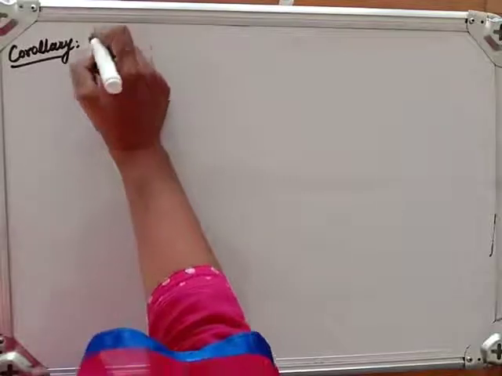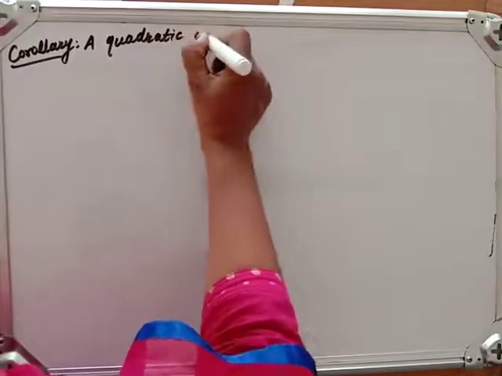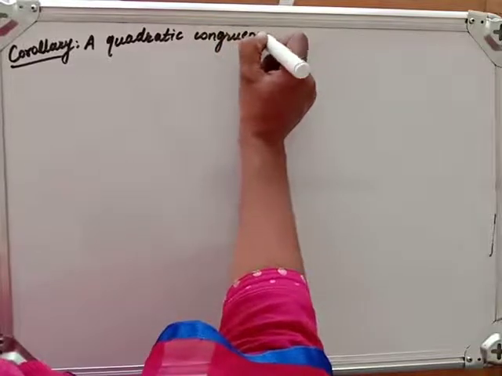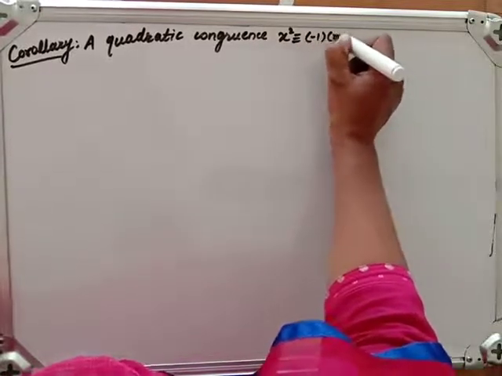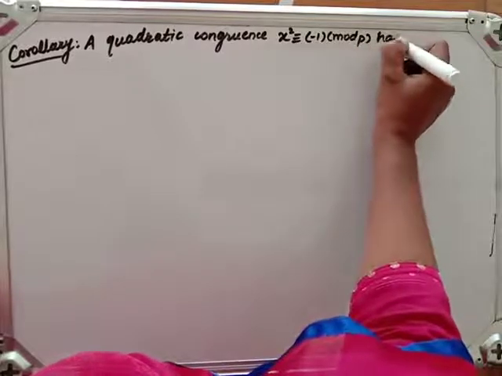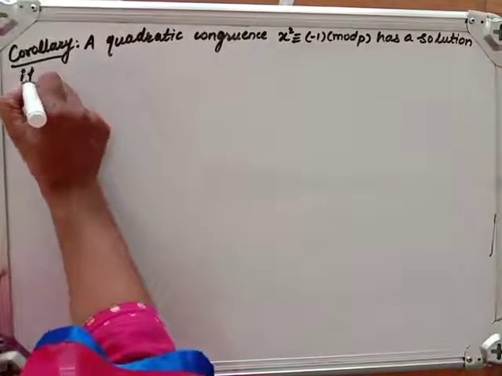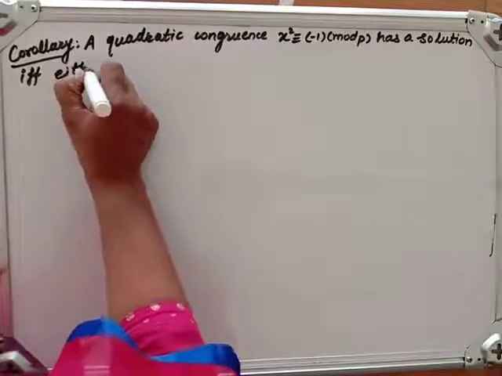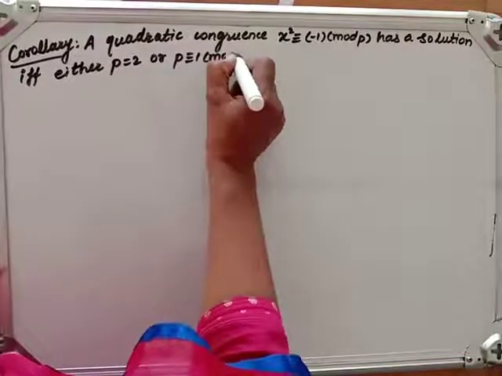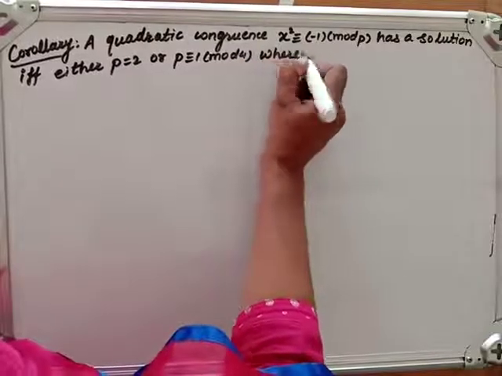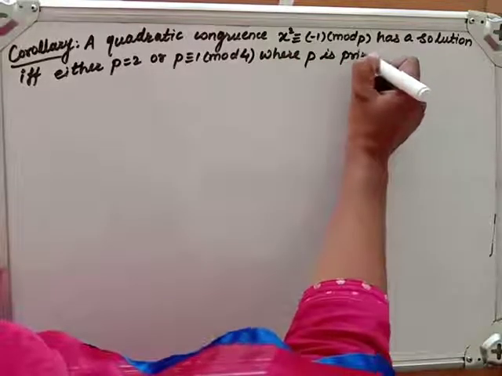A quadratic congruence, convergence by mistake I am saying, congruence, x square congruent to minus 1 modulo p, has a solution if and only if either p is equal to 2 or p is congruent to 1 modulo 4, where p is a prime number.